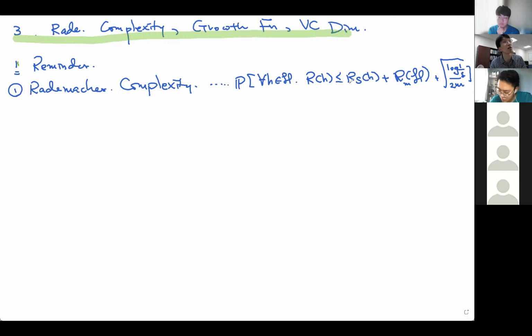So we cannot really talk about the generalization error directly, but using this complexity measure, we can have an upper bound with high probability. The result says this probability is greater than 1 minus delta.